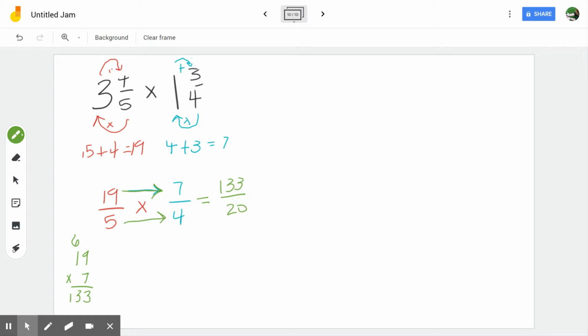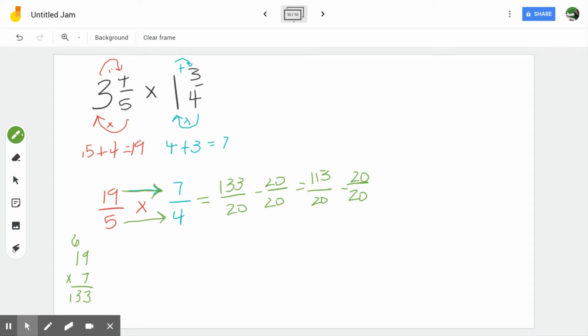Okay? Now, again, this is an improper fraction, so we're going to have to subtract some wholes from it. A whole is going to be 20/20ths. Now, 133 minus 20 is 113. And our denominator stays the same. It's still an improper fraction. So we can subtract another whole, which is 20/20ths.